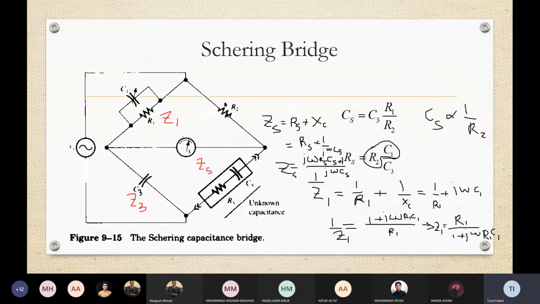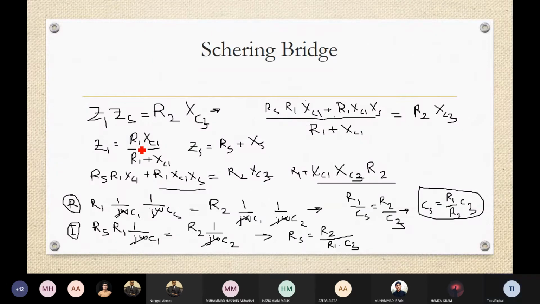Z1 can also be written as R1 XC1 over R1 plus XC1, and Zs can be written as Rs plus Xs. So instead of taking the j omega C, we have converted it to the simplified form XC.